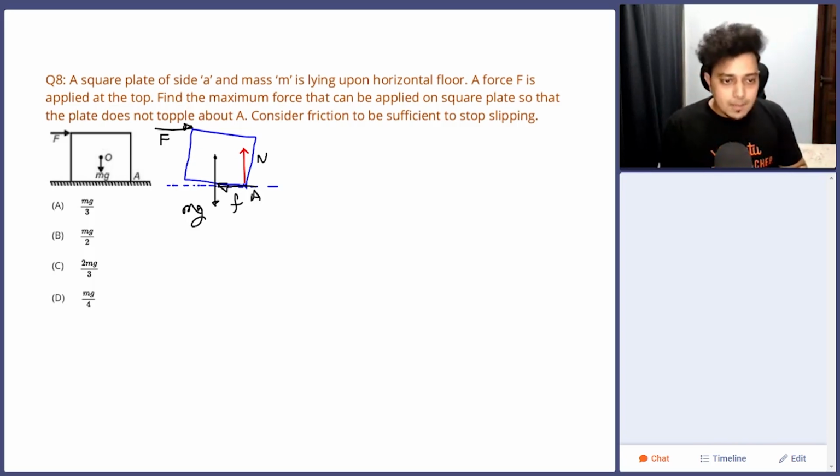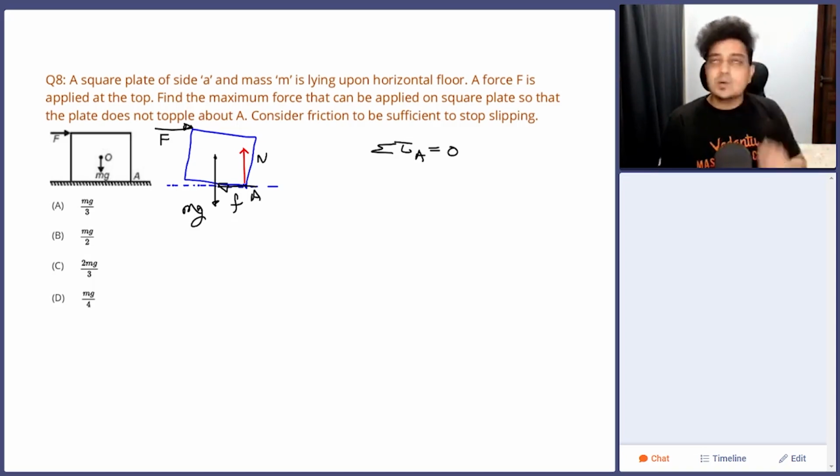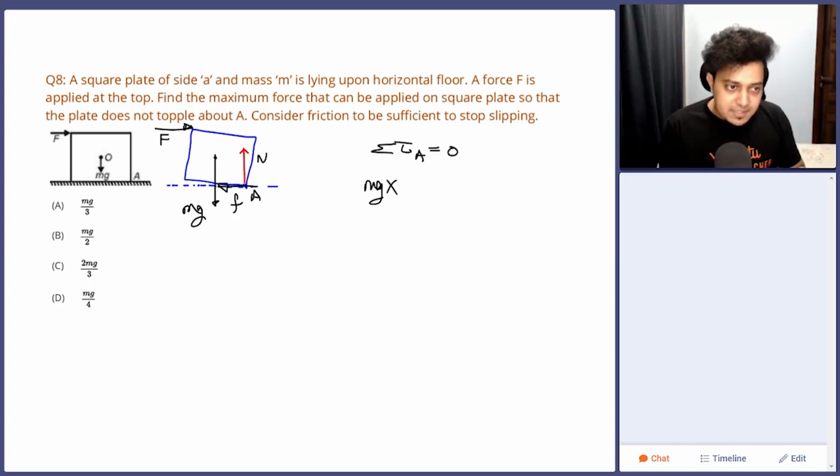So if I calculate summation of torque about point A by all the forces, friction and normal are passing through A only, so there is no torque. mg will be at an approximate distance of A by 2, where A is the side of the square plate. So this distance will be A by 2.